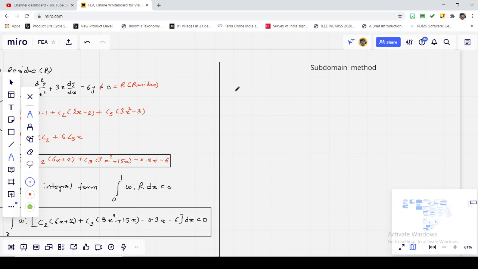For the first domain we start with integral 0 to 0.5 and we put r there. So your wi is 1 basically, and we put r there directly, that is c2 into 6x minus 2 plus c3 into 3x square plus 15x minus 0.3x minus 6 dx is equal to 0.